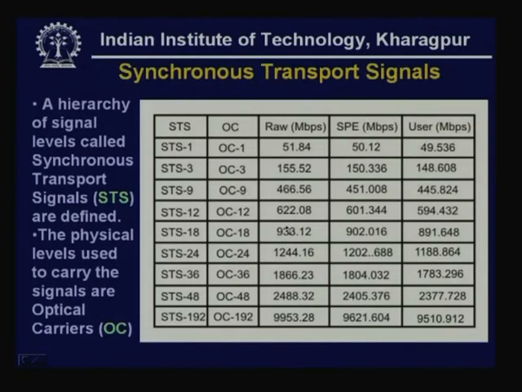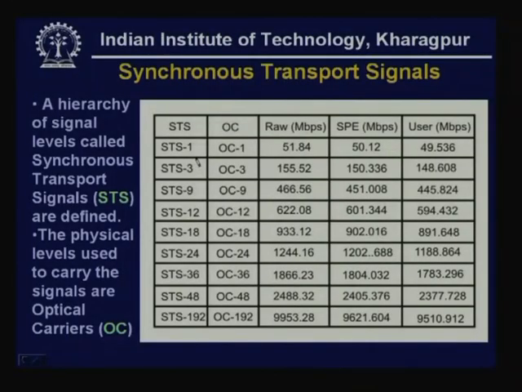Now, as I have mentioned, a hierarchy of signal levels called synchronous transport signals are defined, and these synchronous transport signals have a hierarchy, just like the DS signals we have seen in the telephone network.